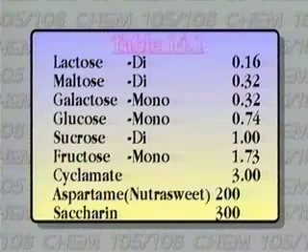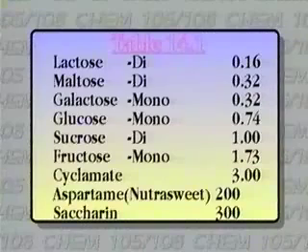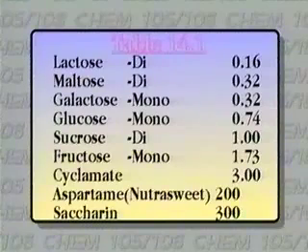Somebody did a study in Canada on rats and found that if you fed a rat 100 pounds of cyclamate a day, it died from cancer. Well, you probably feed it 100 pounds a day of anything and it would die of something.